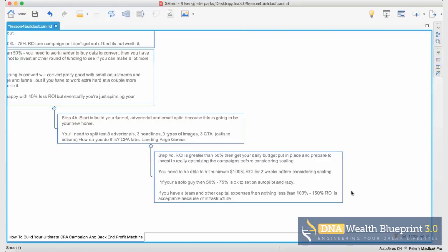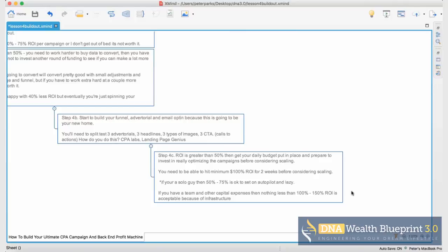Like I said, if you're a solo guy, then 50 to 70% ROI is okay. You can pretty much set it on autopilot and be lazy, like the bulk of affiliates are. But if you're a real strong affiliate, that's not good enough for you, because eventually your ad spend is going to catch up to you, especially when you're trying to scale. That 50 to 75% is going to shrink. It's going to go to 40 to 30.